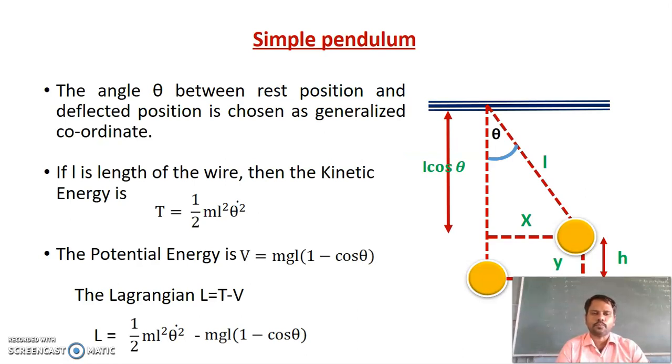Simple pendulum. A body of mass m attached to a length of wire L and suspended from its mean position is known as a simple pendulum. Let us consider a body of mass m, that is the bob, attached to a length L, fixed to a rigid support and suspended from its mean position.